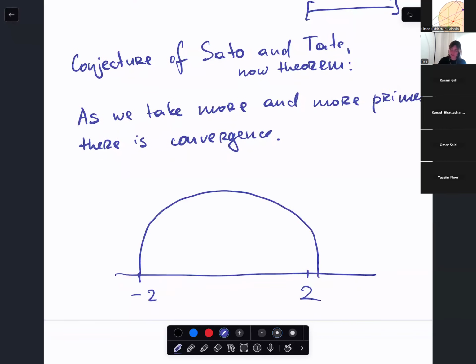Draw, I'm not very good at aiming with semicircles, but take a semicircle distribution: 2 over pi square root of 1 minus t squared. The 2 over pi is there to make the total area equal to 1.